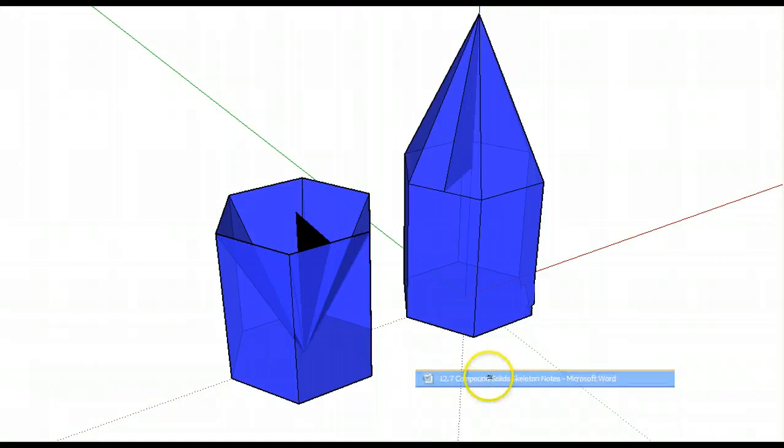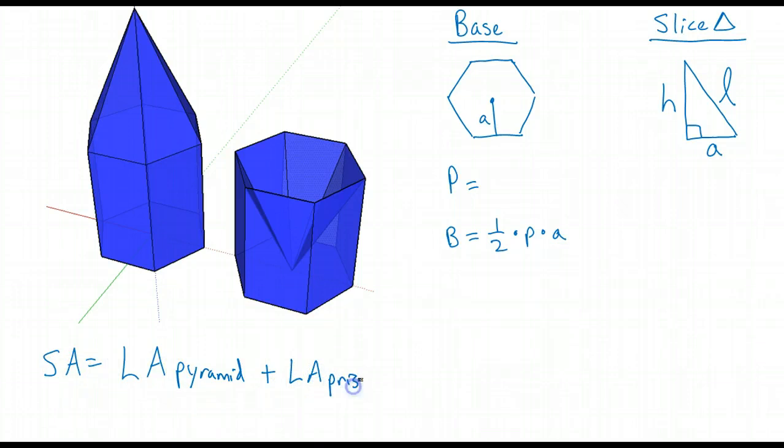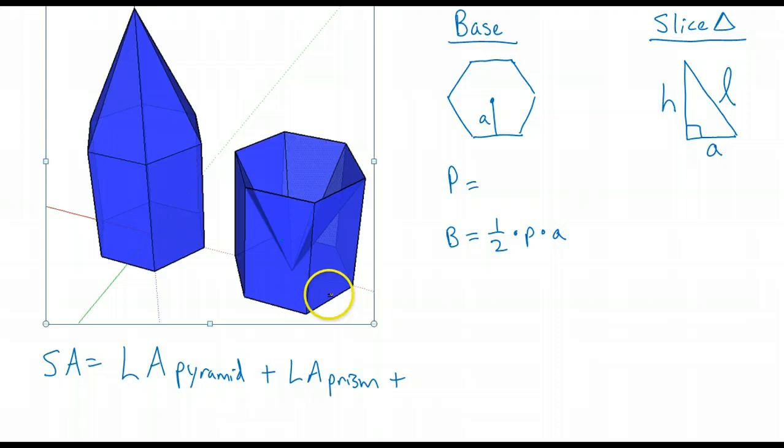So my surface area is going to be the lateral area of my pyramid, all of my triangles, plus the lateral area of my prism, plus 1 hexagon. Well, that hexagon is going to be my base area, and I need 1 of those.